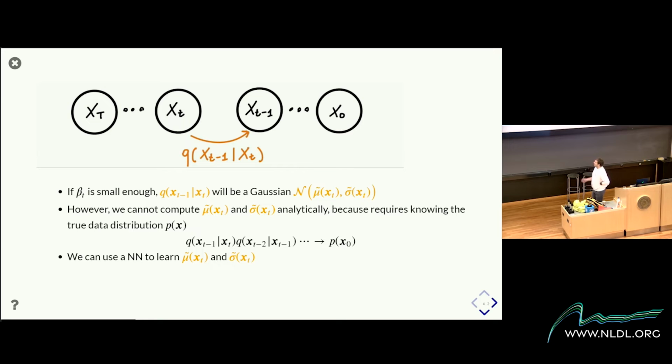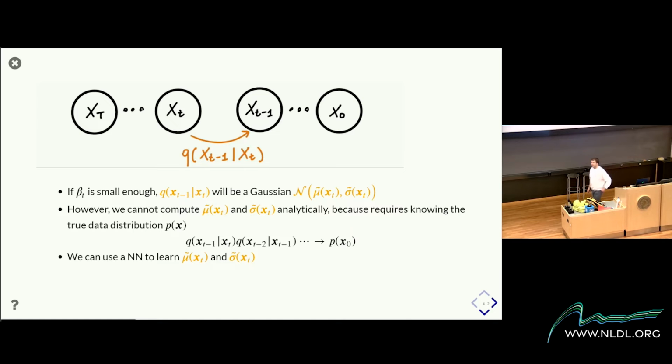Okay, so the problem is that even if we know that all these distributions are Gaussians, we cannot compute this mean and this standard deviation analytically, because this requires knowing the true data distribution.